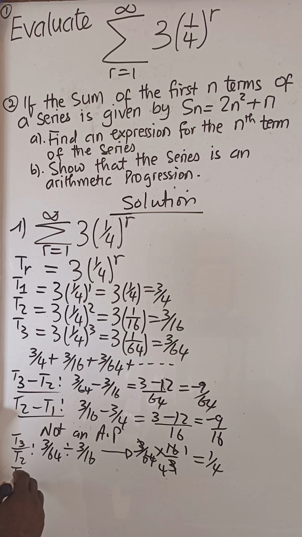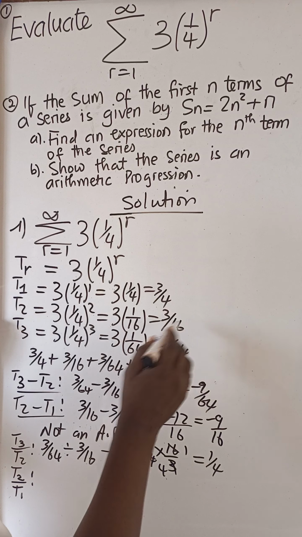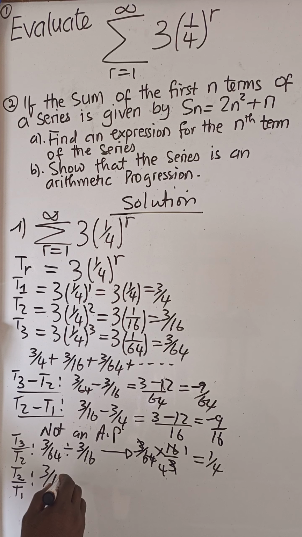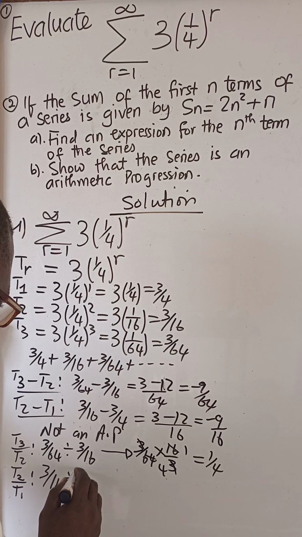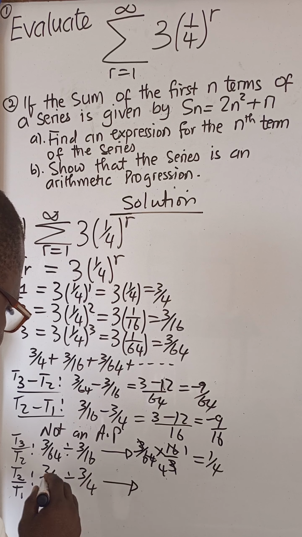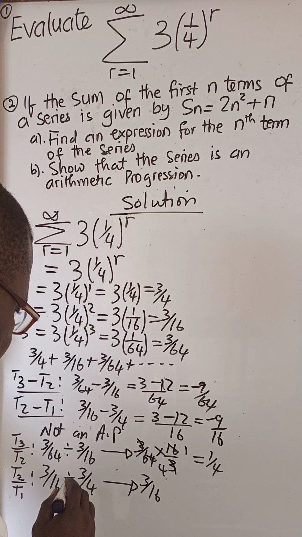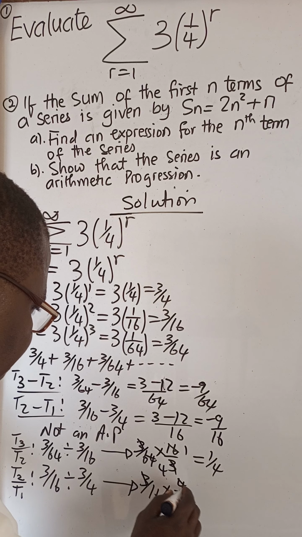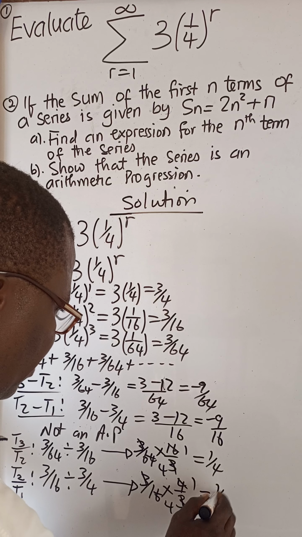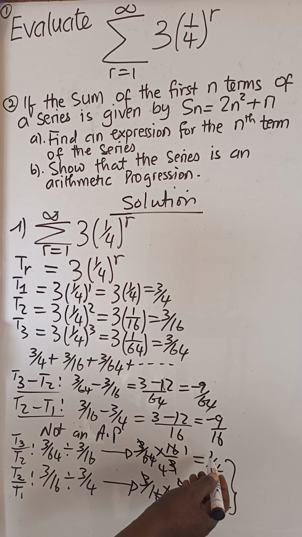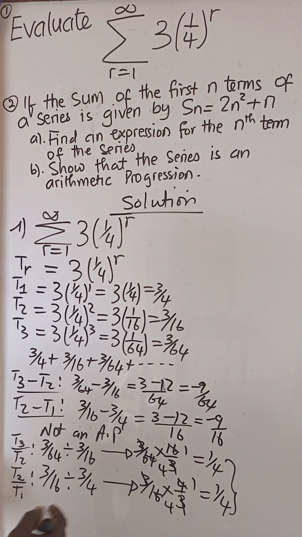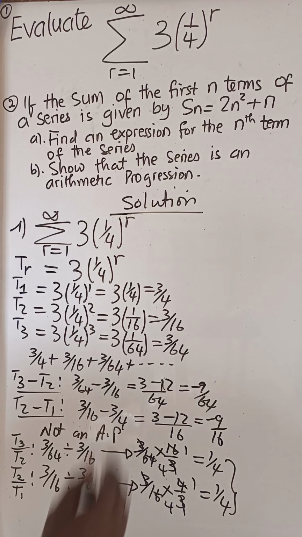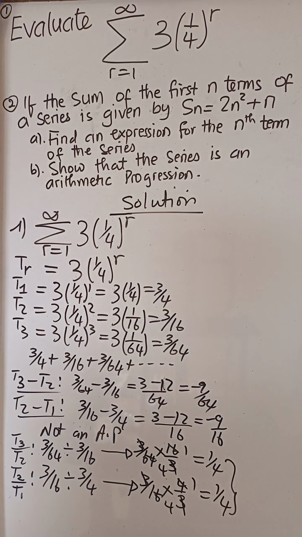If we take T2 divided by T1, T2 is 3 over 16 divided by T1, which is 3 quarters. Again, we maintain the first fraction, 3 over 16, change this to multiplication, invert this, 4 over 3. The 3 cancels, 4 over 16 is 1 over 4. So again, we have 1 quarter. So we see we have the same result. It therefore means that there is what we call a common ratio. And any series that has a common ratio is a geometric progression. So it is a geometric progression.